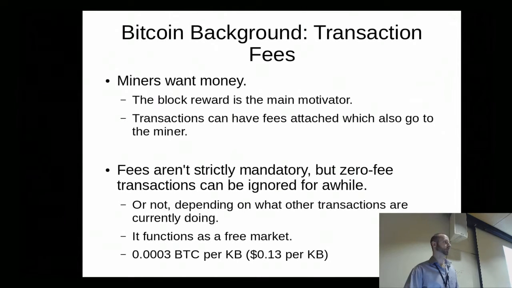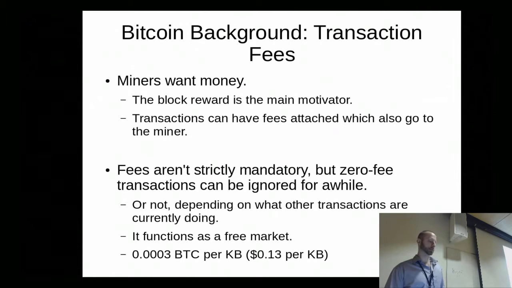The idea is that if you succeed in this, you get paid. You get a block reward. At this point, the block reward is 25 Bitcoin. That's their motivation for doing all this hashing to confirm transactions: if they succeed at it, they get a whole bunch of money. And the current price is, I think, $450 per Bitcoin. So that times 25 equals quite a lot of money.